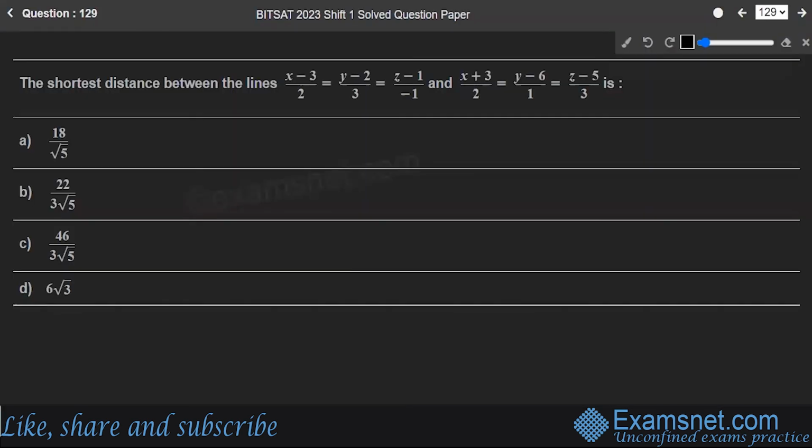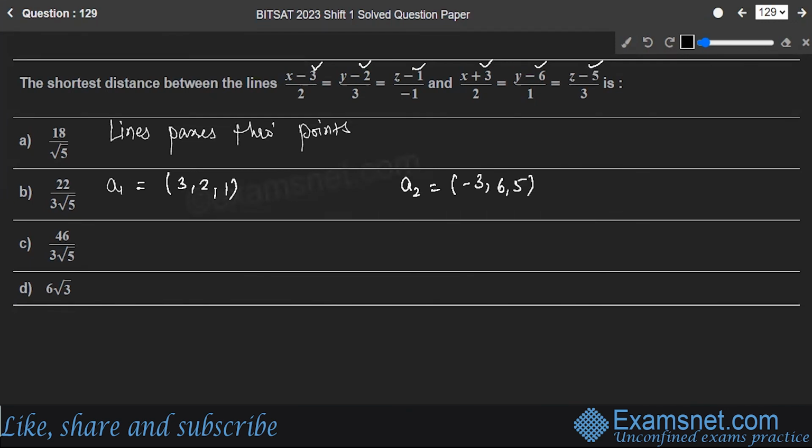Question number 129: the shortest distance between these two lines is equal to... So you are given these two lines. Let's see, the lines pass through the points. A1 will be given by (3, 2, 1). Similarly, A2 will be (-3, 6, 5).